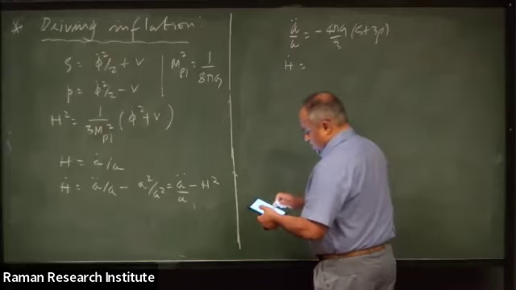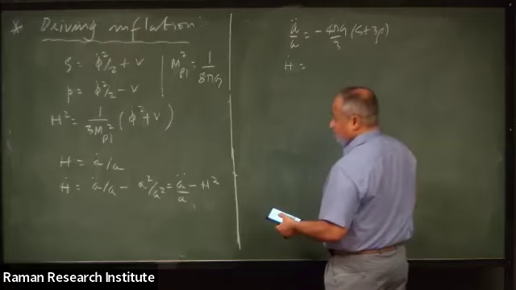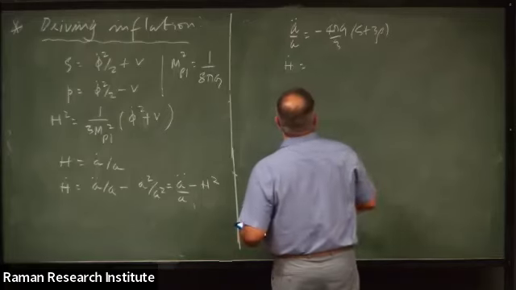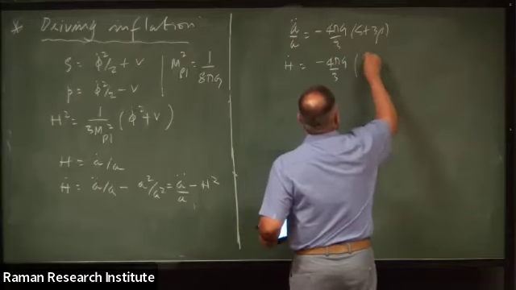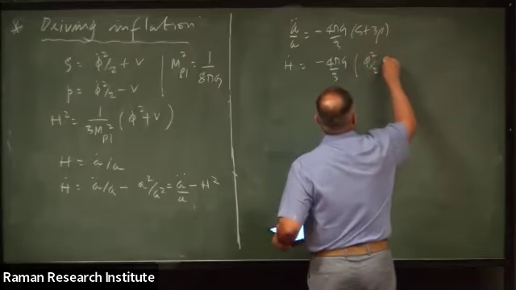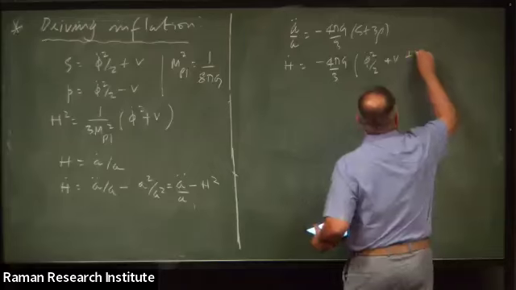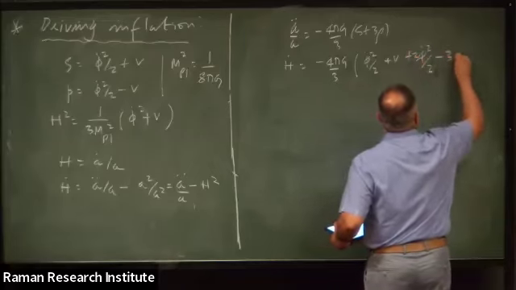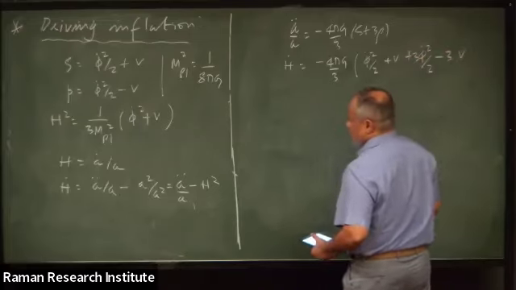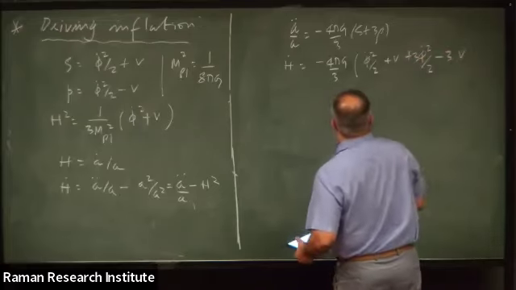So what do I have now? H dot is A double dot by A, which is minus 4 pi G by 3. Rho is phi dot squared by 2 plus V, plus 3P, which is 3 phi dot squared by 2 minus 3V. And then minus H squared.